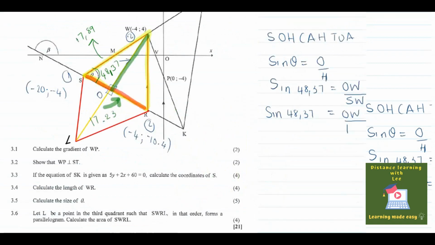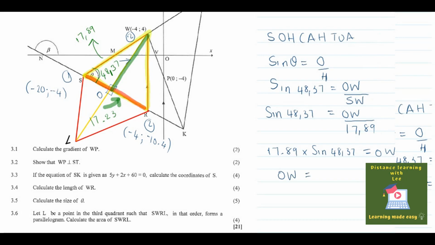So you're going to basically multiply that 17.89 by your sine of 48.37, and that will help us get our OW. Quickly put that into your calculator and you'll see that your OW is equal to 13.37 units.